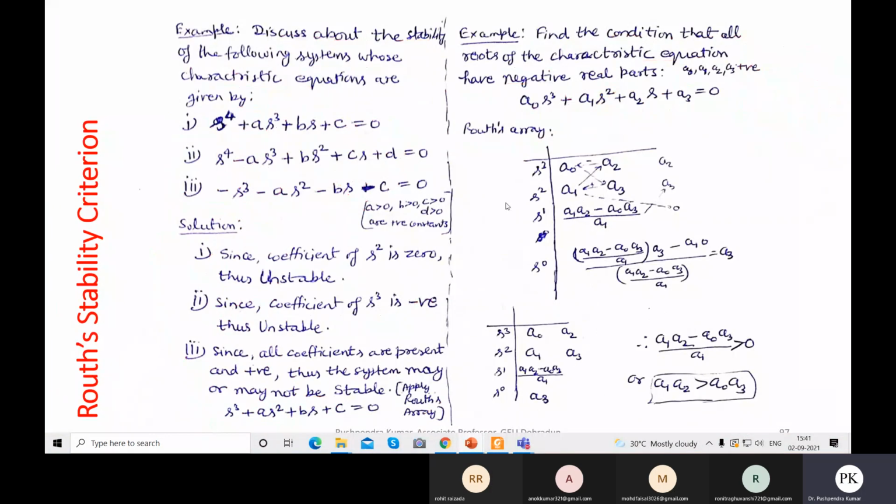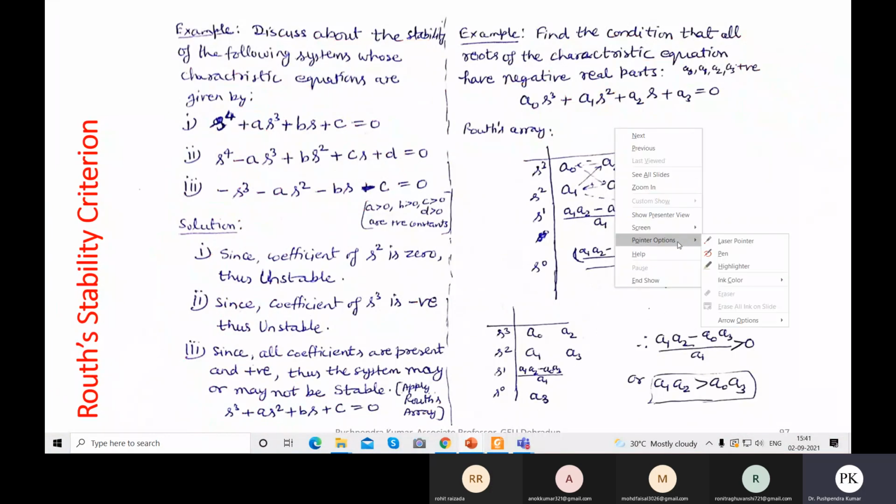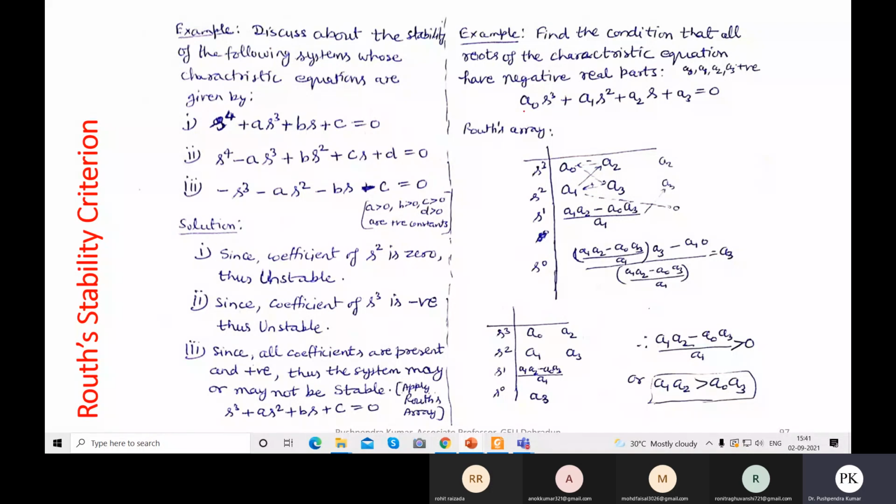It's simple. We write a0, a2 in the first row, and the remaining terms a1, a3 in the second row.